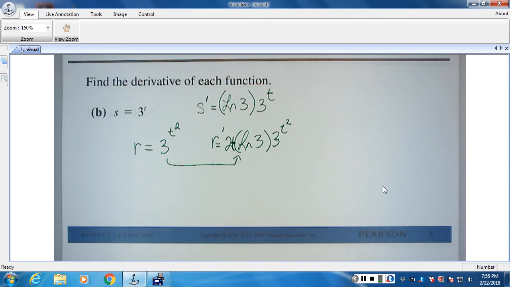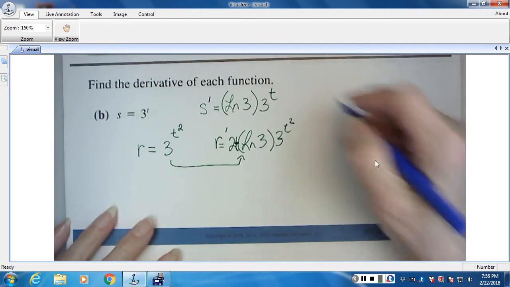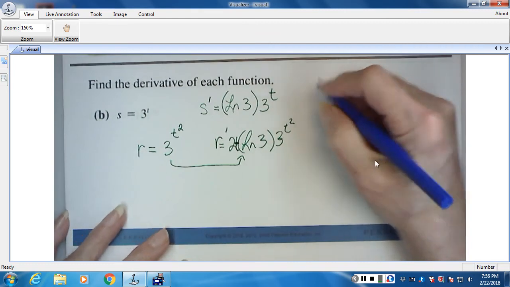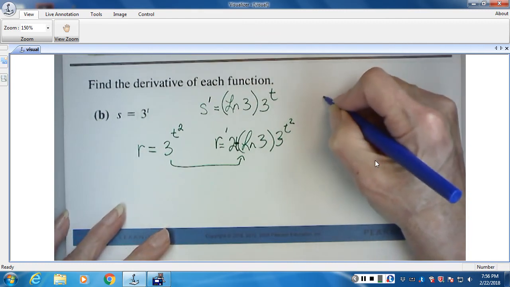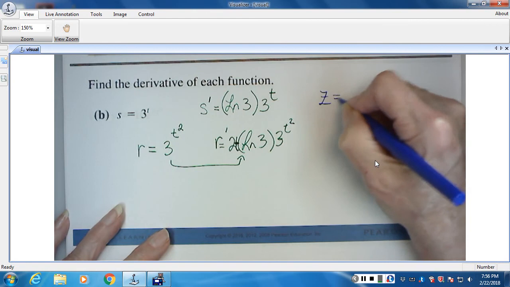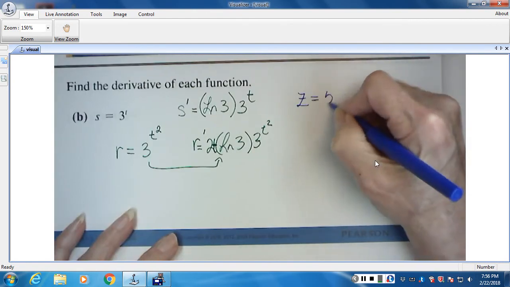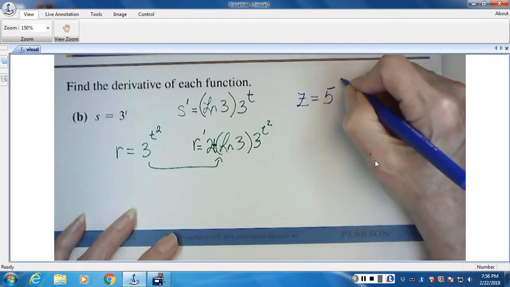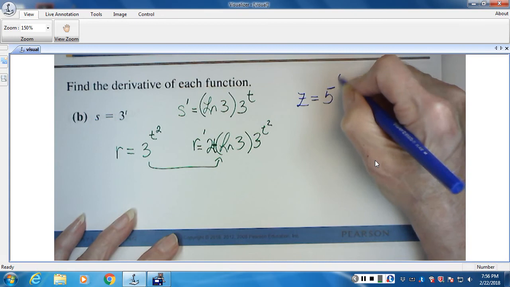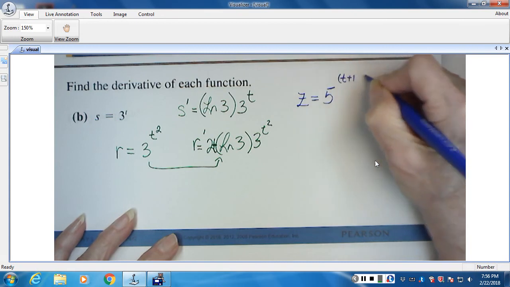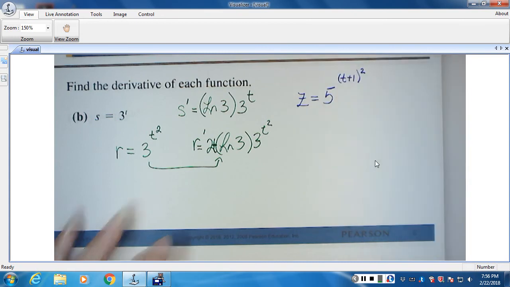Let's try one more variation on this before we move on. Z is equal to 5 raised to the power t plus 1 quantity squared.